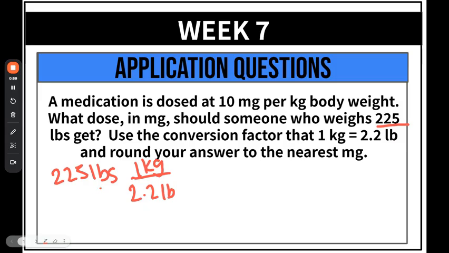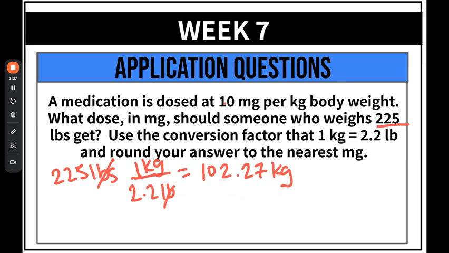When we set that up, our pounds are going to cancel, and all we need to do is divide 225 by 2.2, which gives us 102.27 kilograms. Awesome. So again, this is how much the same person weighs just in kilograms.